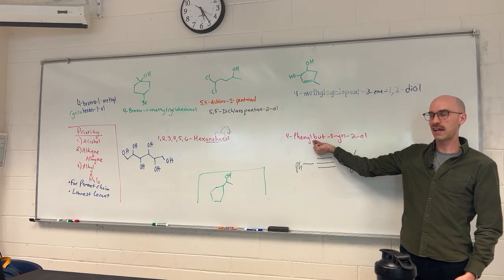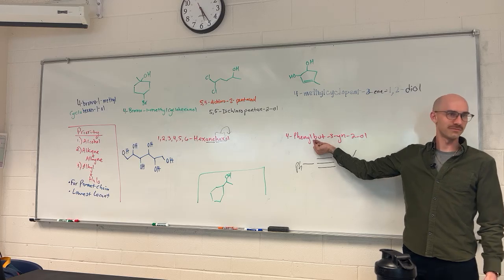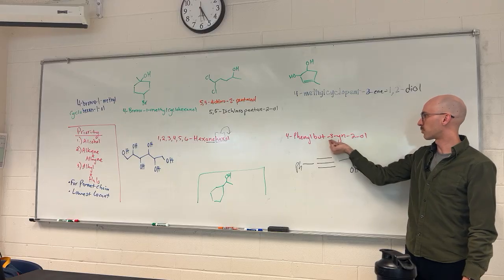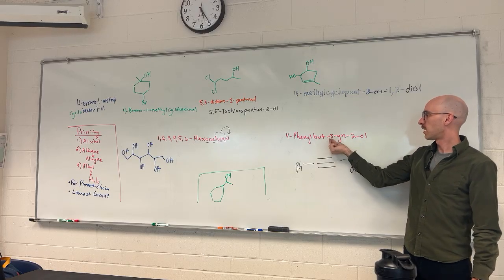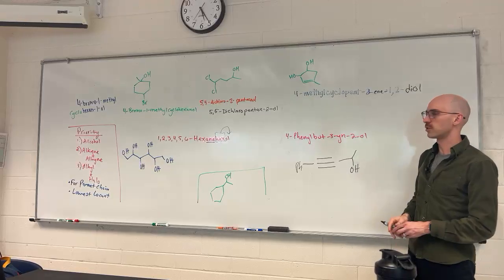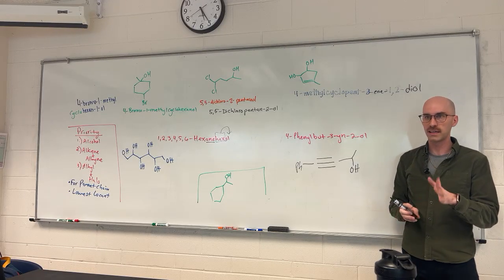Is the alkyne starting at 3, or is the alkyne starting at 2, right? So when we put the locants directly in front of the thing that designates the functional group, it makes it much easier to figure out where that functional group is on the carbon chain.